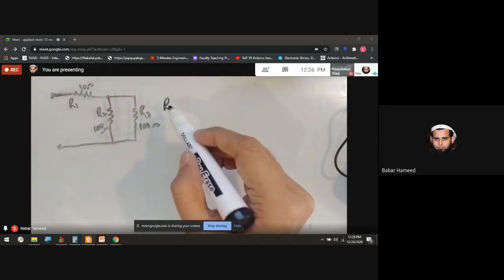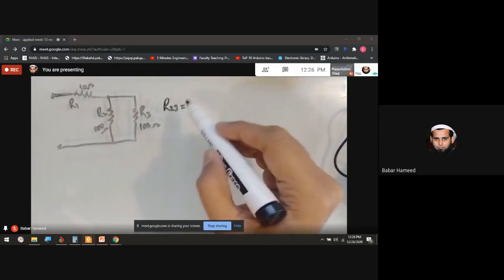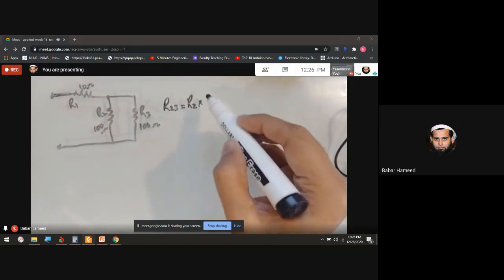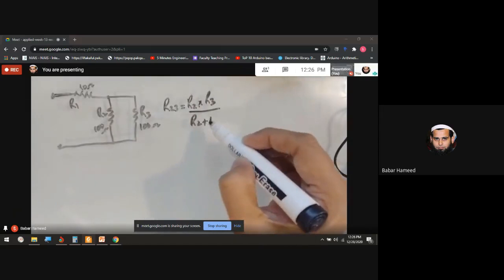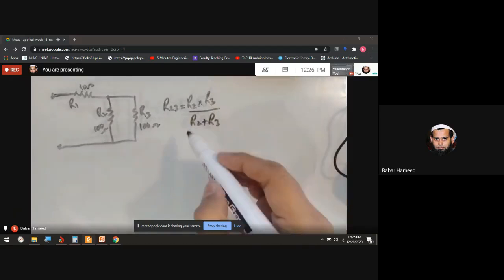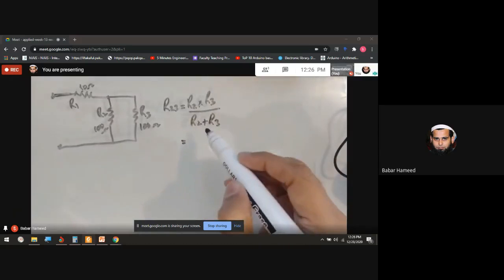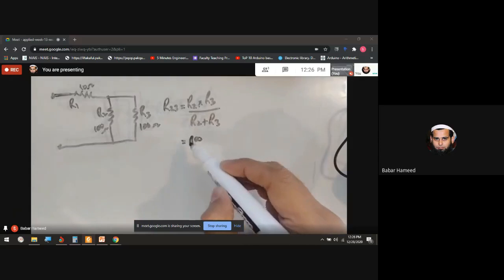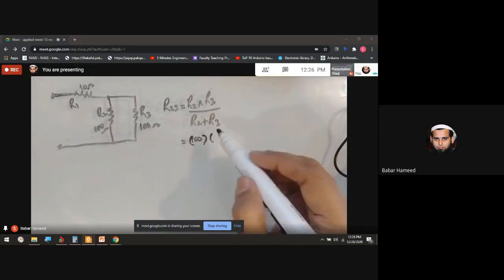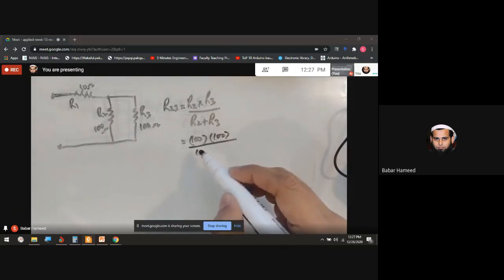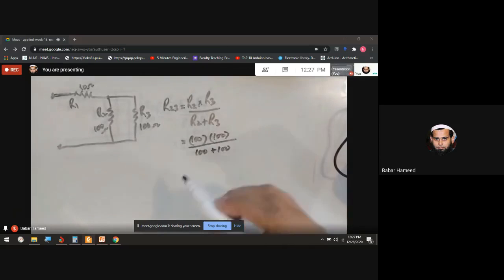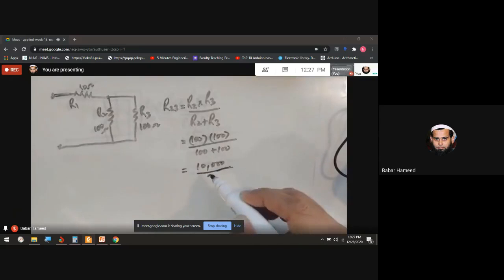So R23 is equal to R2 times R3 over R2 plus R3. What is the value of R2? It is 100. And what is the value of R3? It is also 100. So 100 times 100 over 100 plus 100 generates 10,000 over 200.